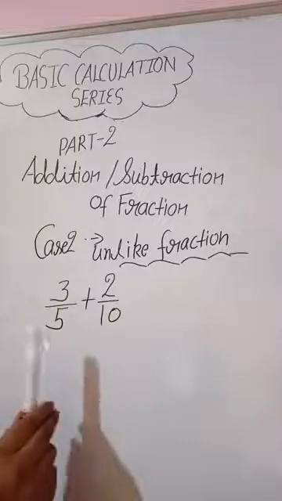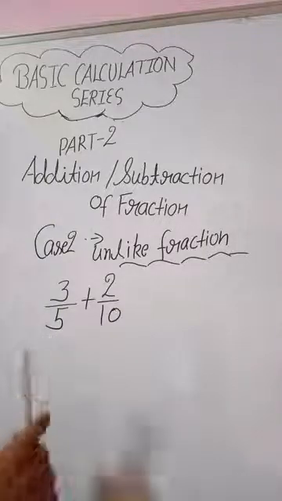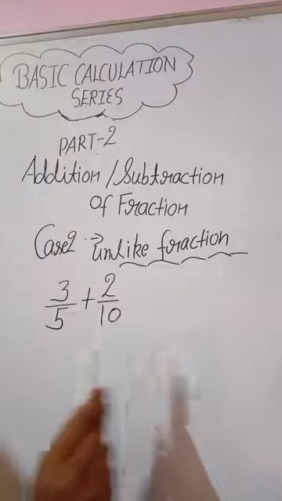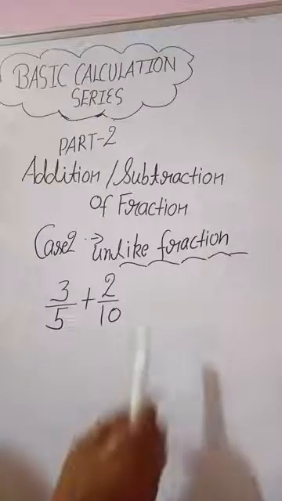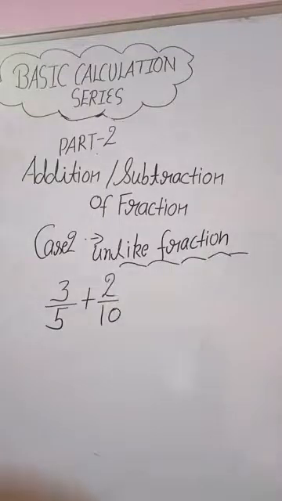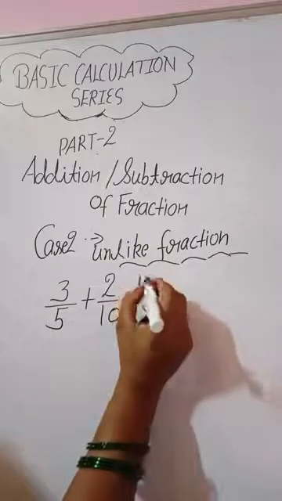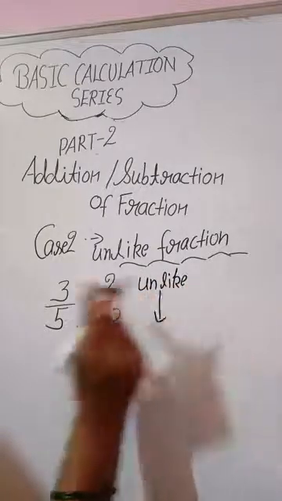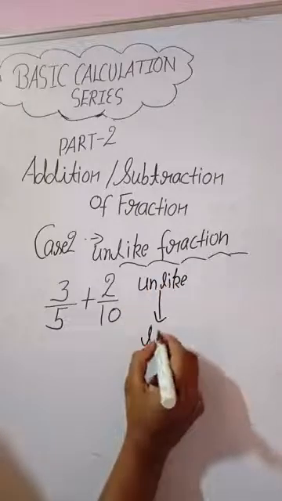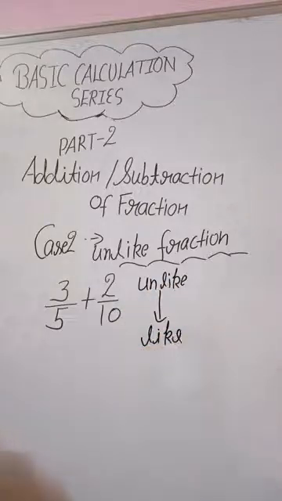In the first fraction the denominator is 5 and in the second it is 10. The denominators are different, so they are unlike fractions. We will first convert the unlike fractions into like fractions. Our first task before adding is to convert these unlike fractions into like fractions.